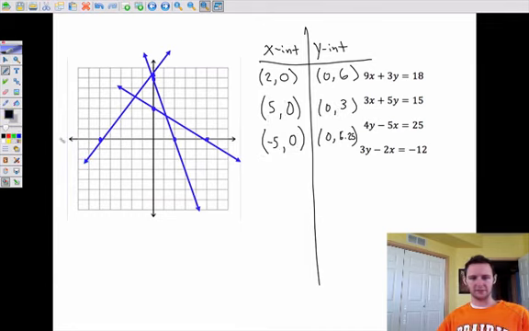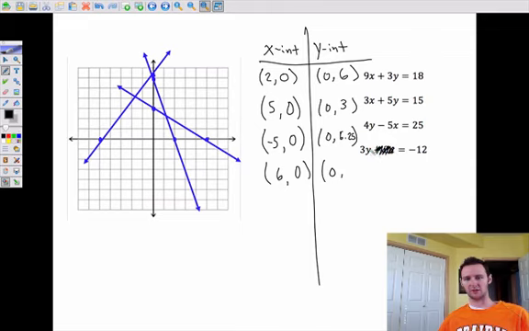And the last one then. For the x-intercept, again, the y-coordinate is 0. So plug in a 0 here, and that drops out. You get negative 2x equals negative 12. So divide by negative 2 on both sides, and x equals 6. And for the y-intercept, we've got an x-coordinate of 0.